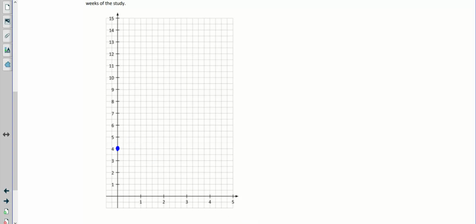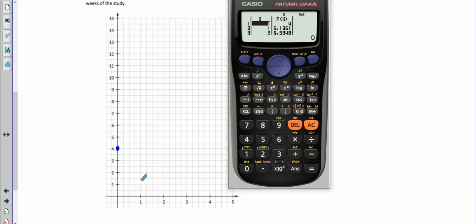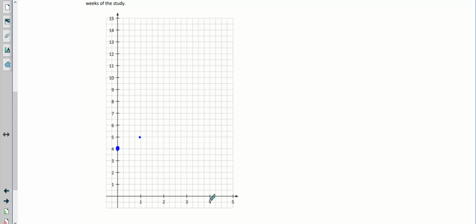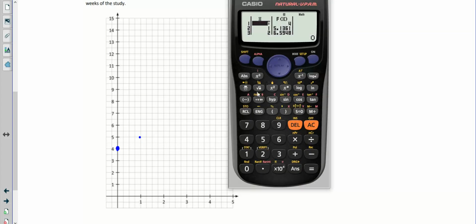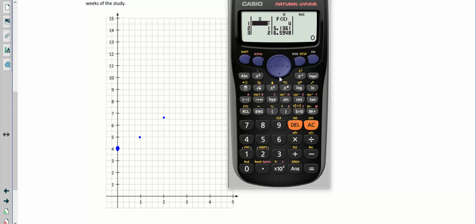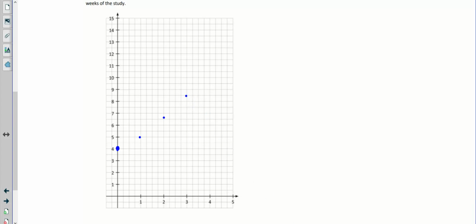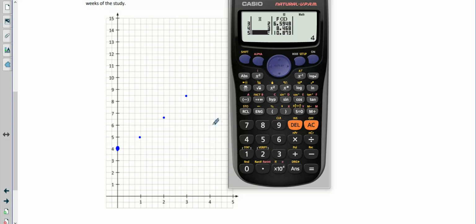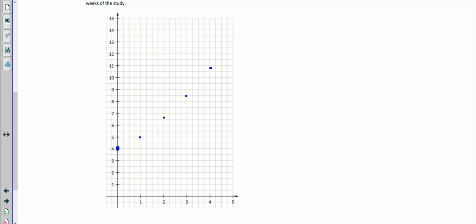What's the next point? 1, 5. Okay. 2 and 6.6. 3 and 8.5-ish. 4 and 10.8. So 4 and close to 11. And 5 and close to 14.